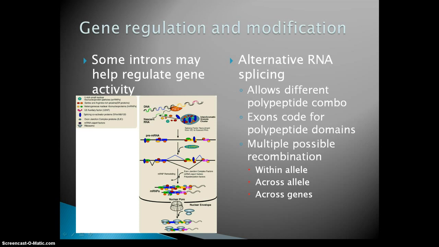Or you could actually have exons pop around across genes during this process, which can create variety. Remember, variety is not always good or bad. It could be both. All right? It's just that if the potential for creating variety does not exist, then evolution will not occur, and organisms will not be able to survive changes in their environment.